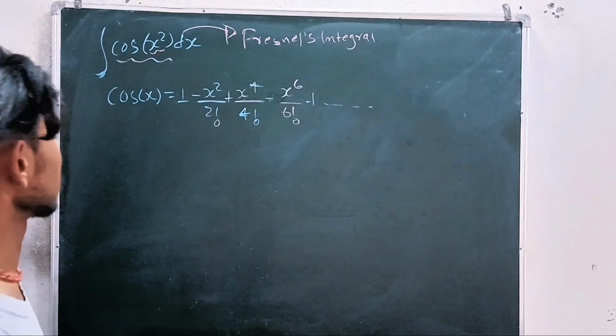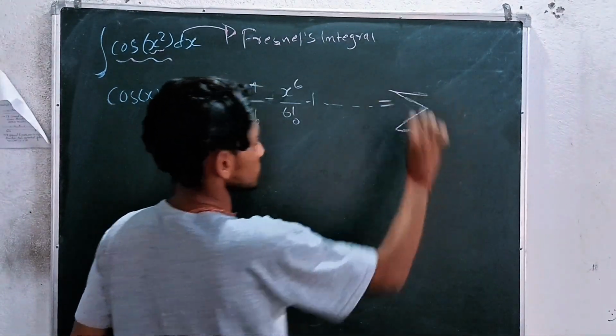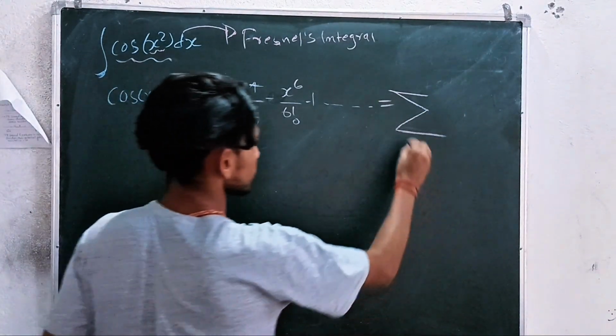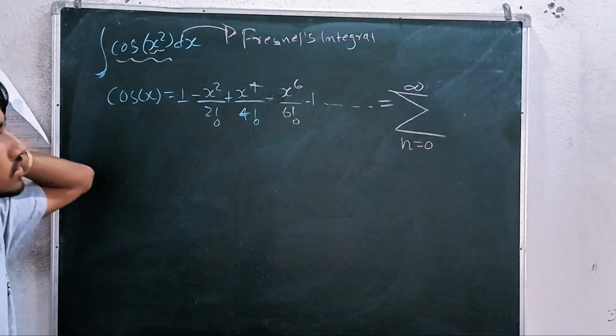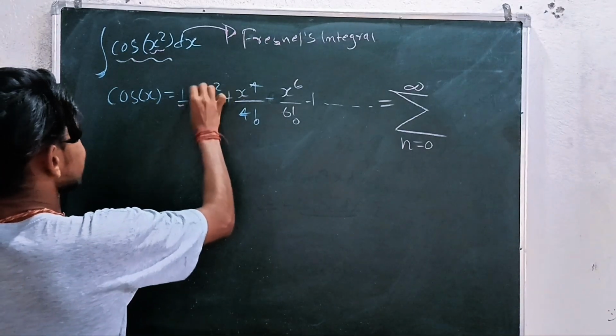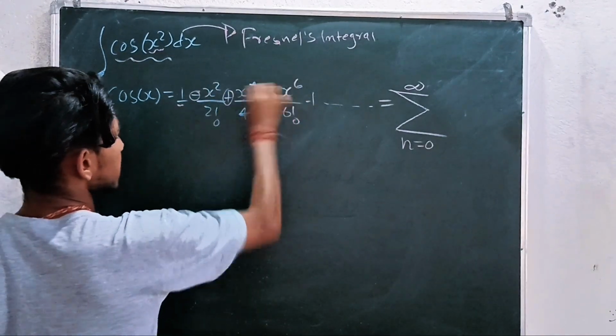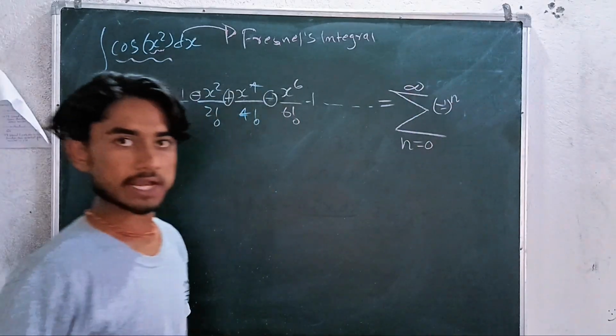We can write it in summation form, where n goes from 0 to infinity because it is an infinite Maclaurin series. Firstly, we have alternating positive and negative signs, so to account for that we use minus 1 raised to n.